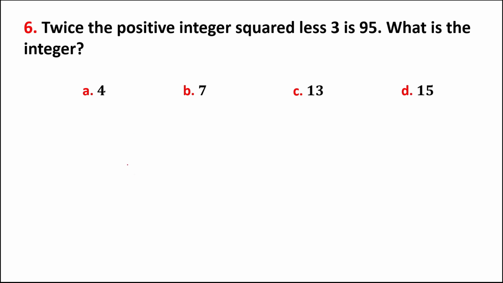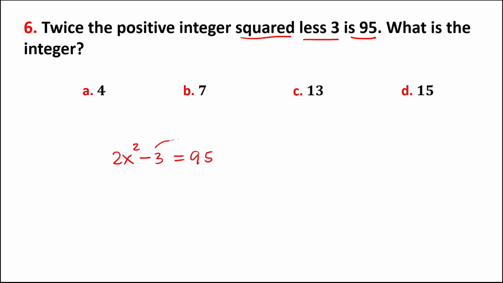Then for this given, twice the positive integer, this one is 2x, then squared to the power 2, less 3, so minus 3 is 95, so equals 95.